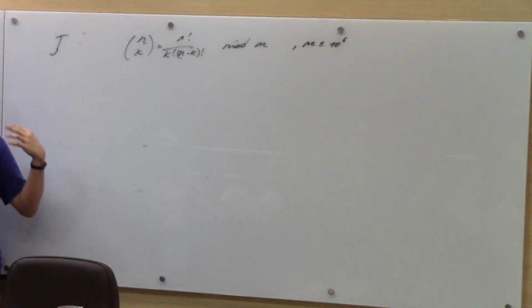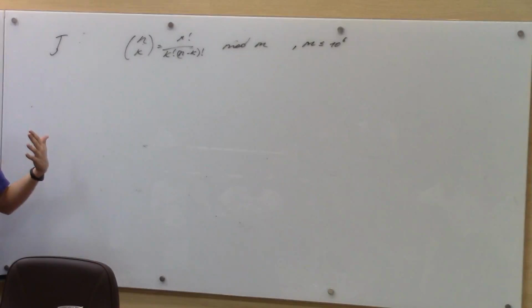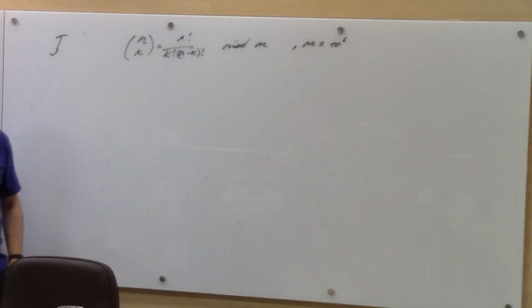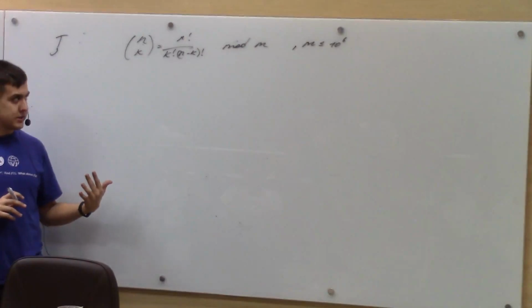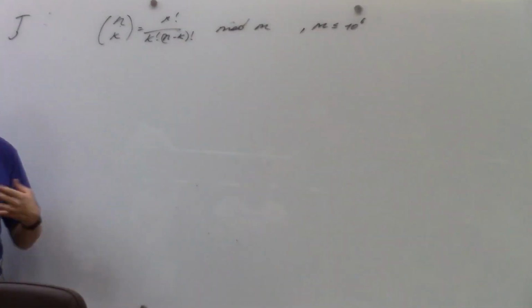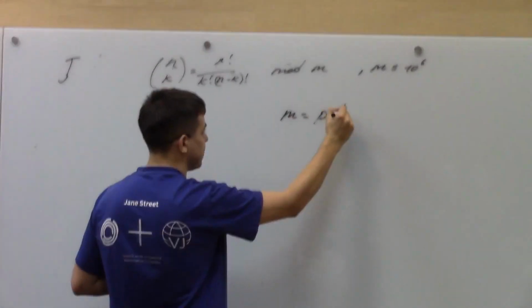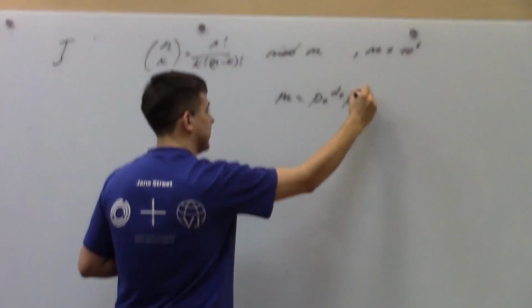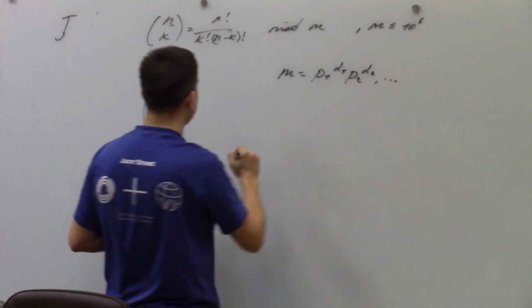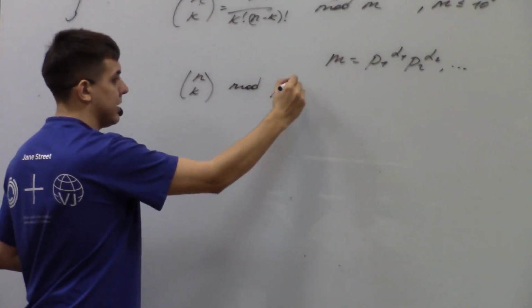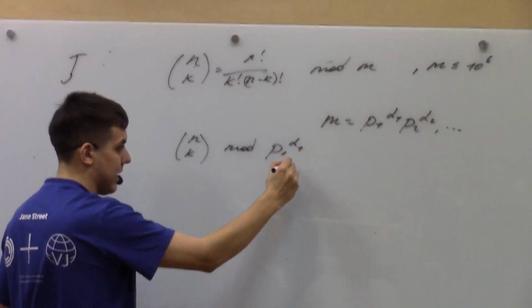Okay, so what usually happens in number theory problems when you have a small modulo is that you want to factorize it and solve modulo prime powers. So if m is p1^alpha1, p2^alpha2, and so on, you would like to find n choose k mod p1^alpha1, then p2^alpha2.